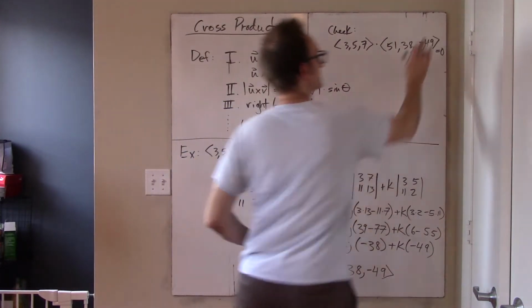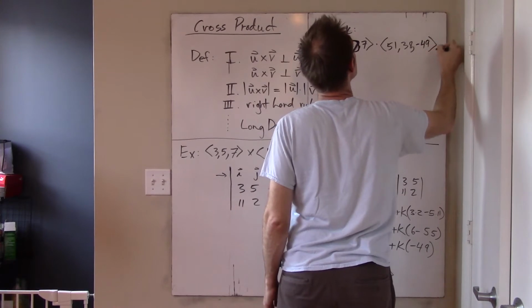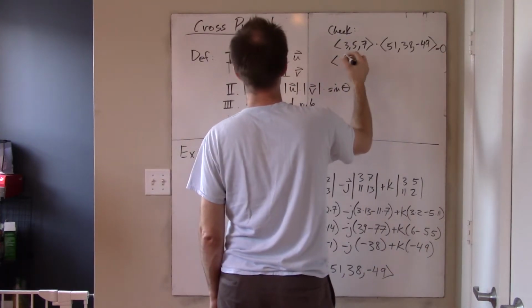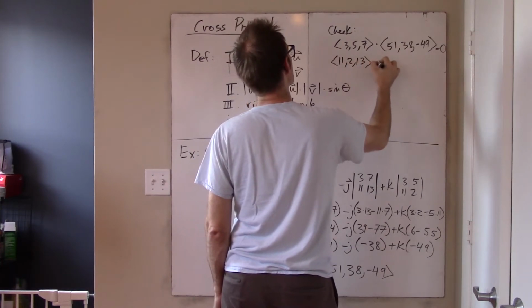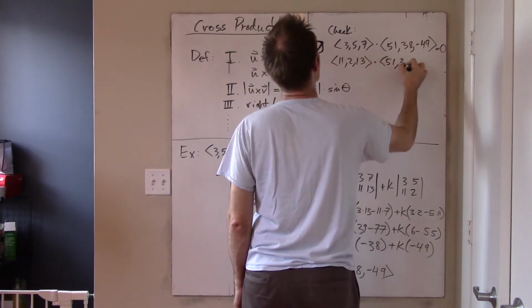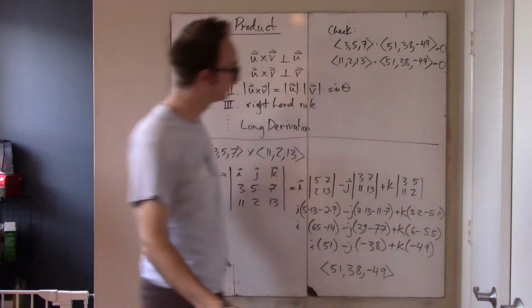It will also be true that if you dot the other one, 11, 2, 13, with 51, 38, negative 49, you also get 0.